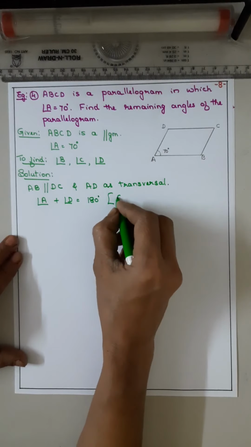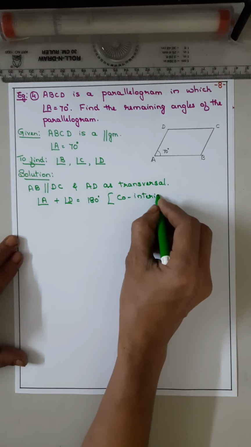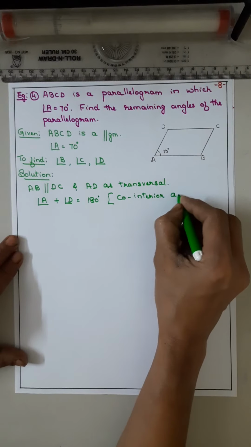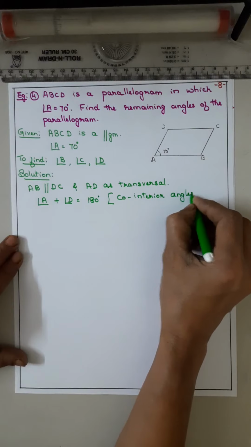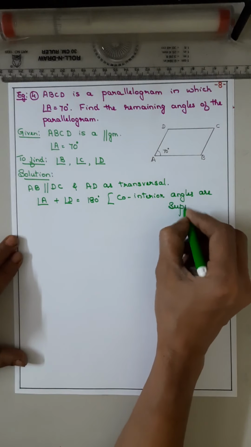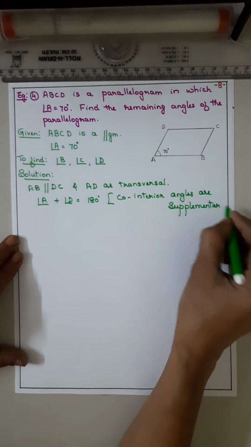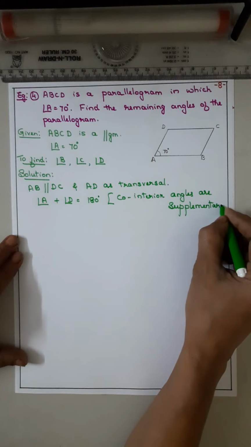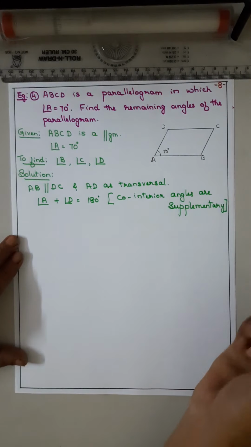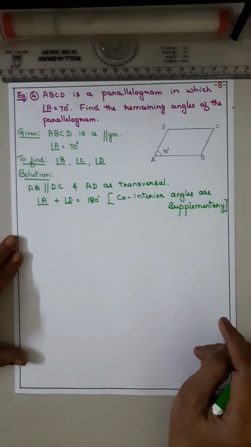Why? Co-interior angles. They become co-interior angles, which are not equal, they are supplementary. In parallel lines, you remember the corresponding angles, alternate interior angles, then this one, co-interior angles.